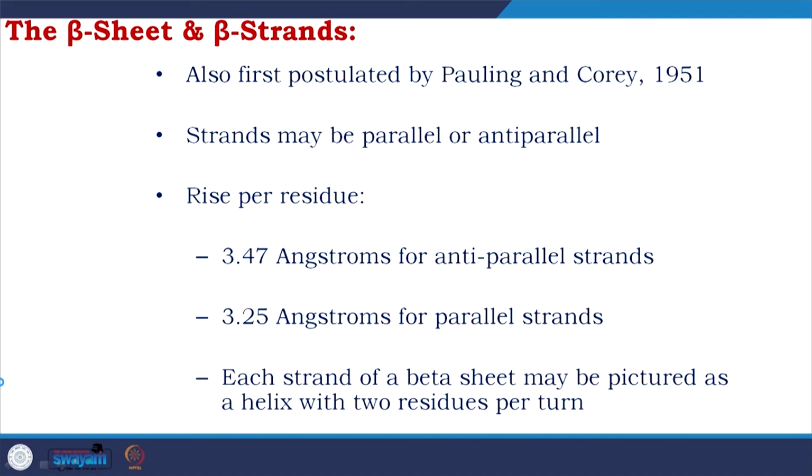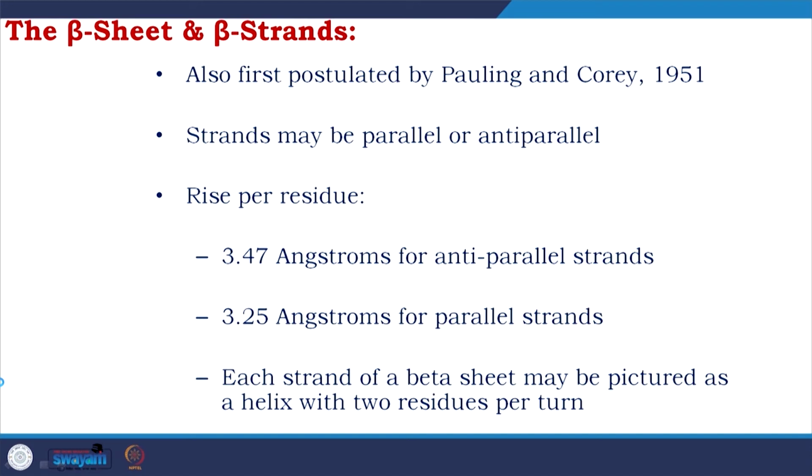What you have to do is consider a beta sheet, which is formed by multiple beta strands that have hydrogen bonds between each other. It is not individualistic; it is a hydrogen bond between one beta strand and another, forming a beta sheet. It was also first postulated by Pauling and Corey in 1951.